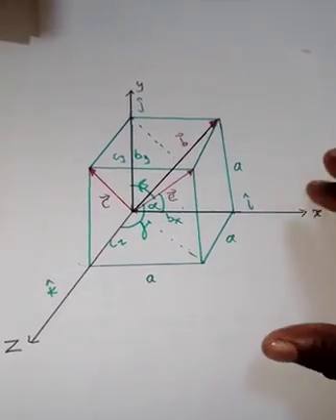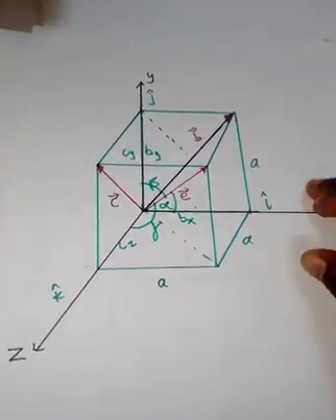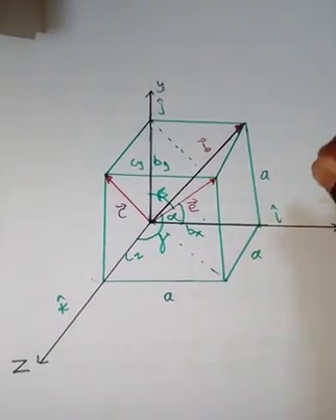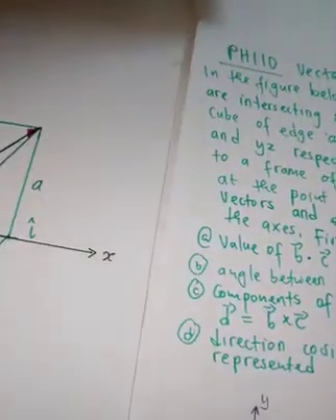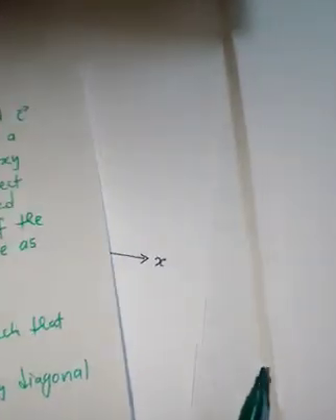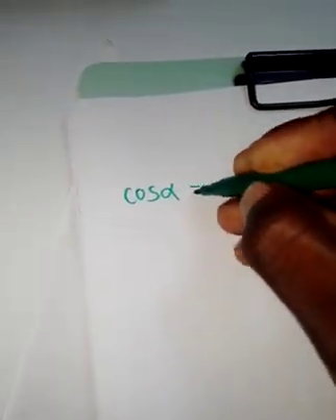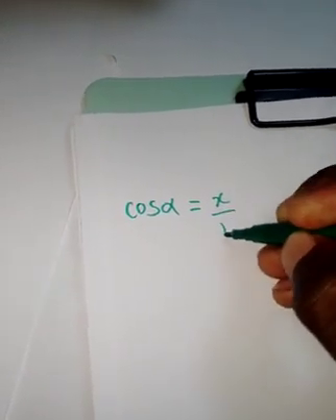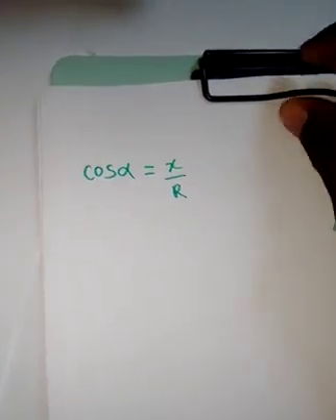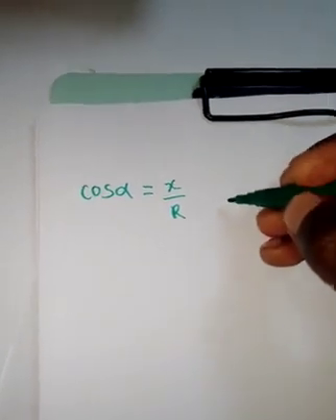These direction cosines are simply the cosines of the angles that a vector makes with the coordinate axes. And we know that these are given by cos alpha equal to x over r, where r is the resultant, or let's say the magnitude.